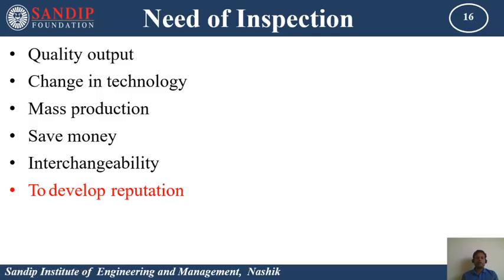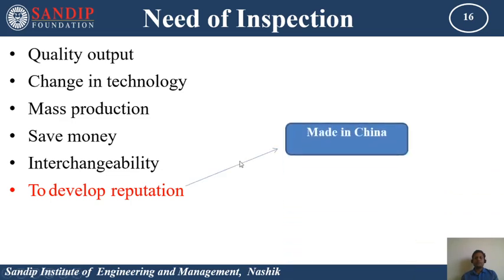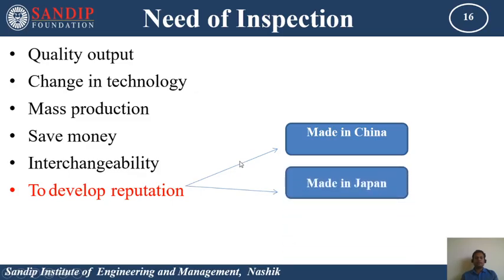Now we know how to develop the reputation of an organization. For that I am considering two examples: one is a made in China product and the second is a made in Japan product. Everybody knows that everybody needs a quality product, a world class manufacturing system. But what about the customer's point of view?